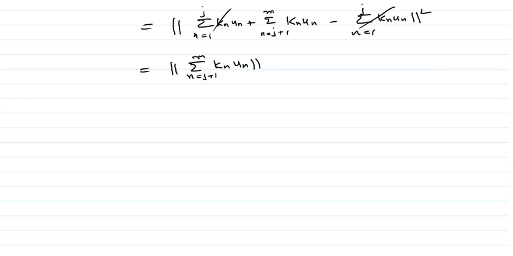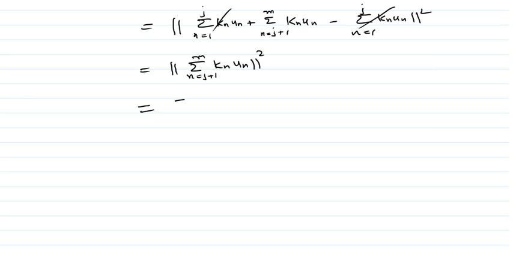Okay, and this you can verify that this is equal to... Now since this u_n is an orthogonal set, the square of the norm of a sum is equal to the sum of squares of the norms.